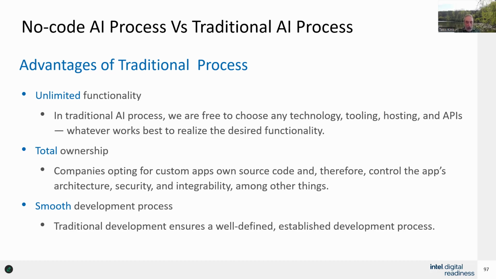If you build the code yourself, you own it, right? It's not like you're using the same tools everybody else is using and then wondering why your app looks just like the other person's app and does the same thing. You custom created it. There is a process that's been in place, right? The traditional waterfall approaches and now agile methodologies that companies have been using for decades for building software.